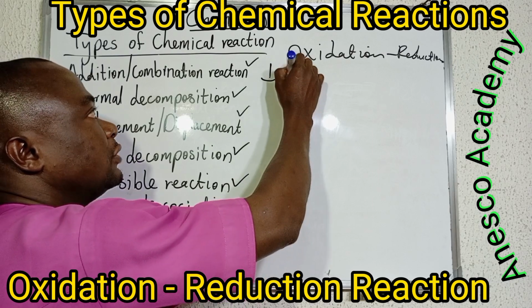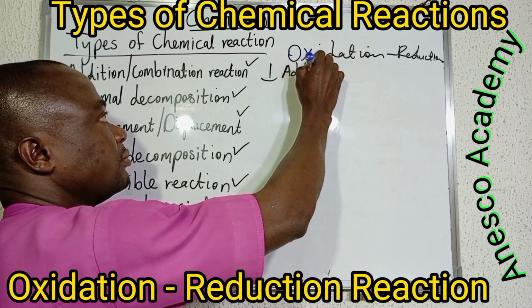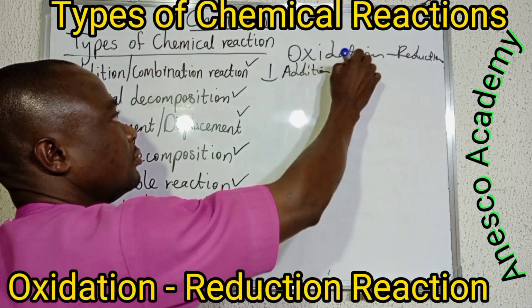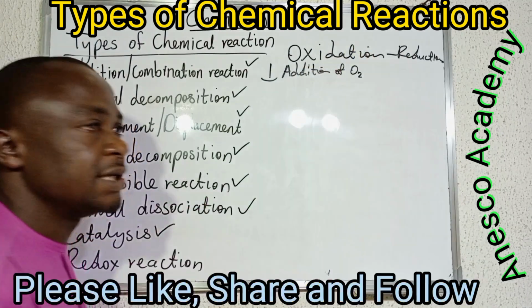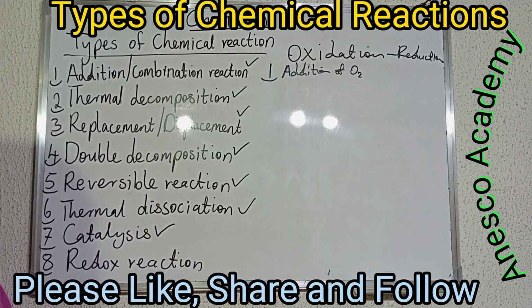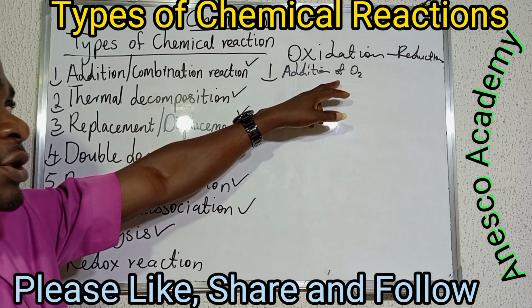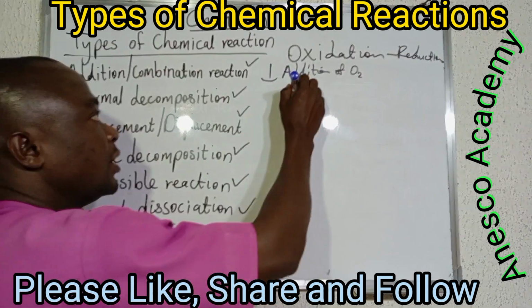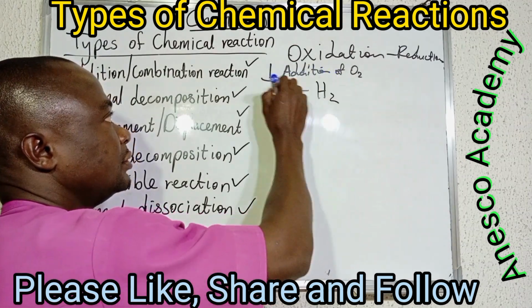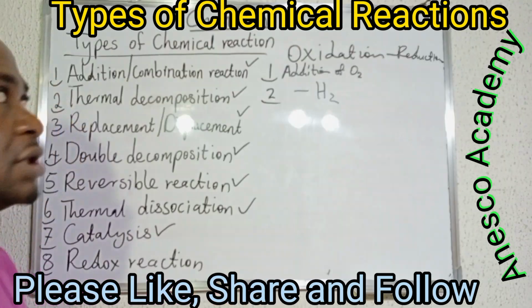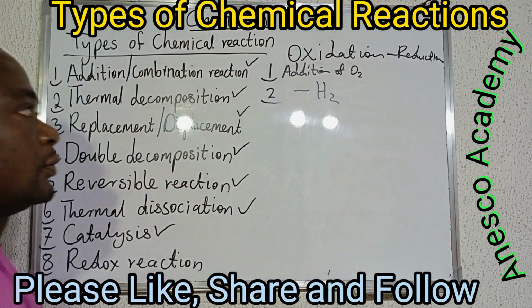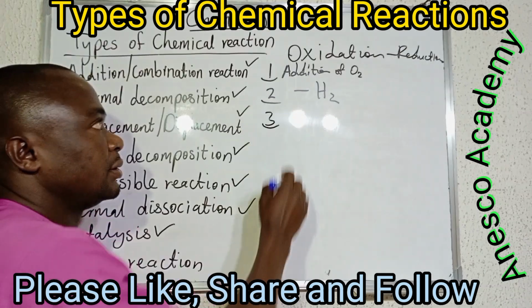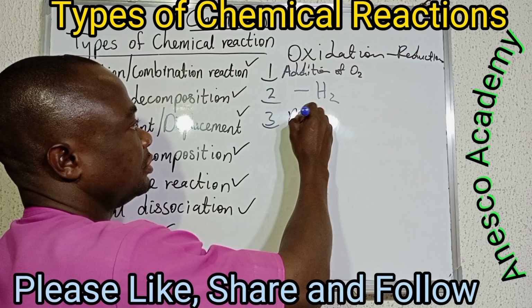One, addition of oxygen. Whenever oxygen is added to a substance, that substance is said to be oxidized. So oxidation is addition of oxygen. Two, removal of hydrogen. Whenever hydrogen is removed, it is an oxidation. Number three, removal of electron.